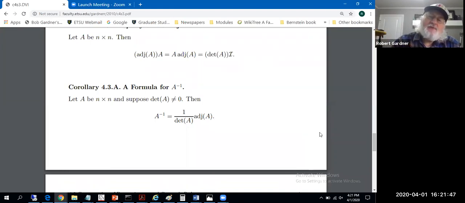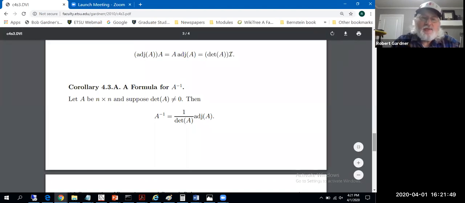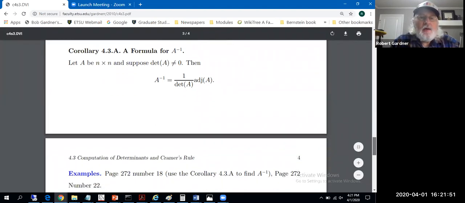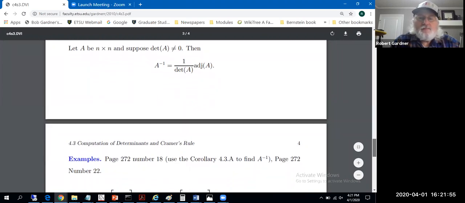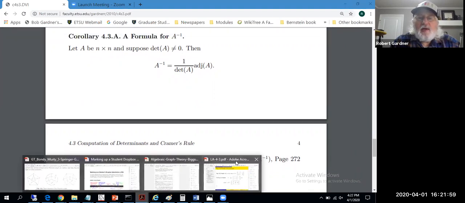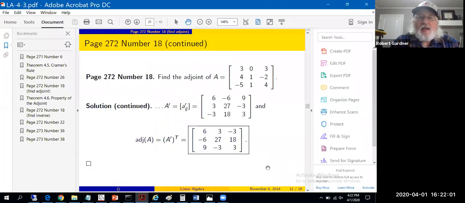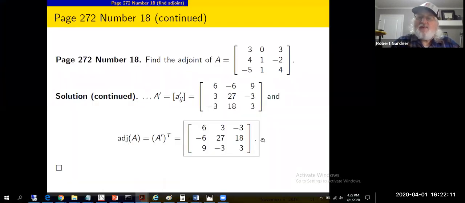You've got an efficient way to find the inverse of a matrix as dealt with in chapter 1. Let's illustrate it. Where we left off, having done number 18, we were given a matrix and we found its adjoint. Given that information, now we could find the inverse of matrix A using the adjoint.